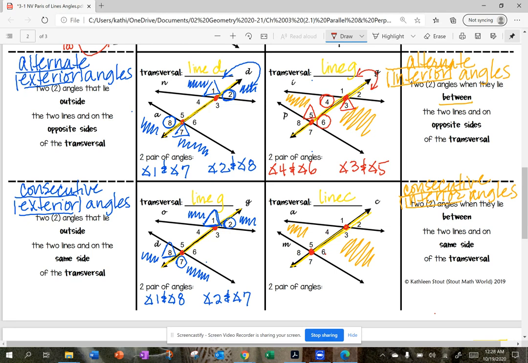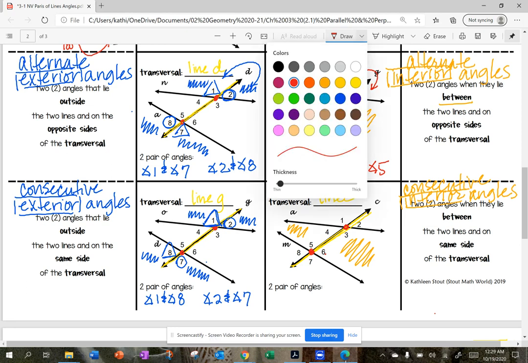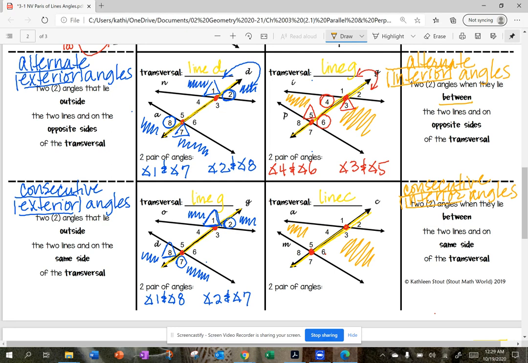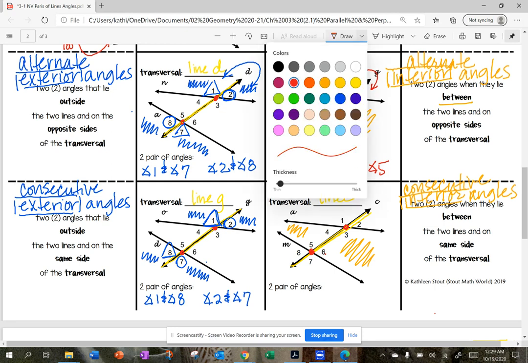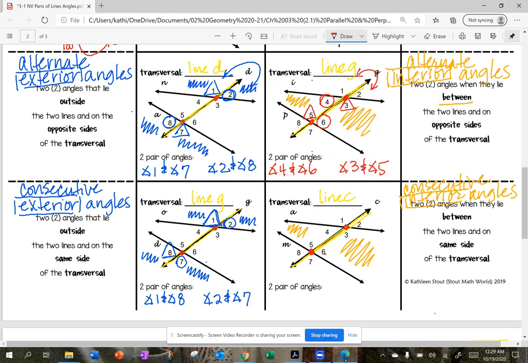But this time I want them consecutive, so I don't want them on opposite sides of the transversal. I want them on the same side of the transversal. So angles 4 and 5, and angles 3 and 6.